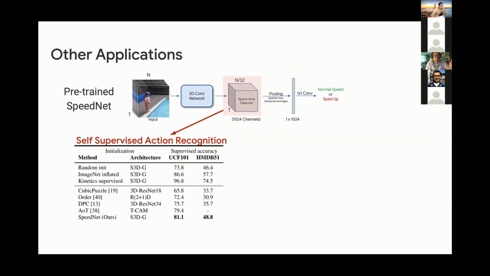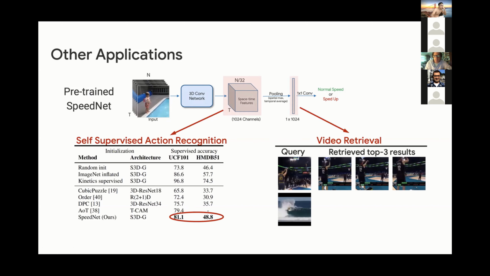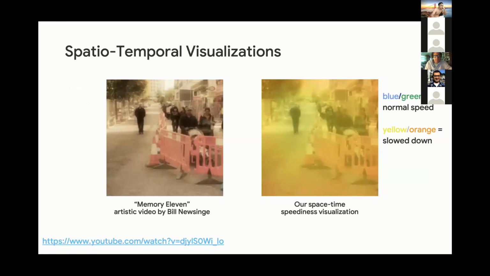Is it going fast or slow? The ability to answer those questions forces you to have a rather high level knowledge of human motion within videos. And this, therefore, is useful in pre-training for activity recognition. Let me skip over this. You can also use it for the representation for video retrieval as well.